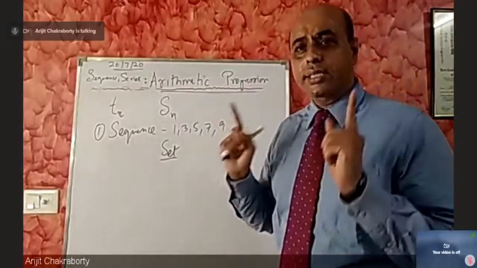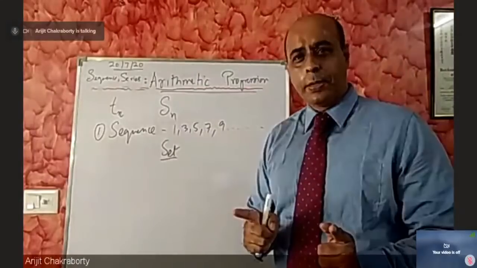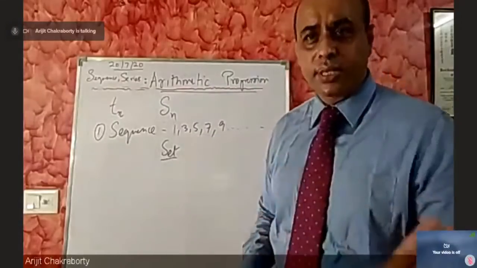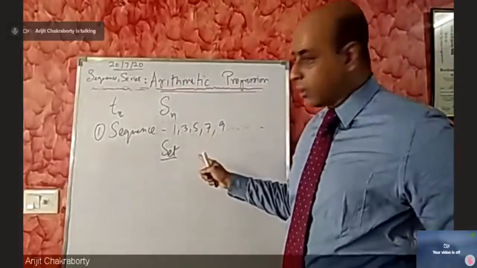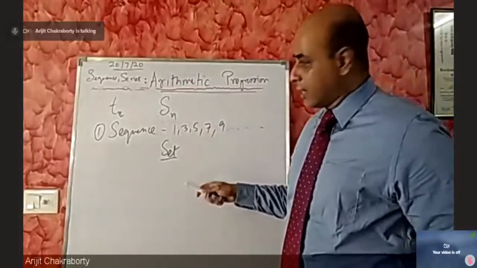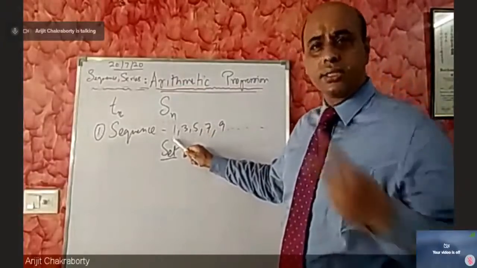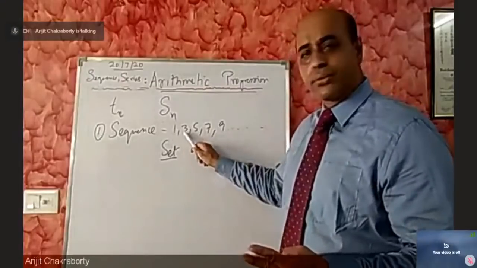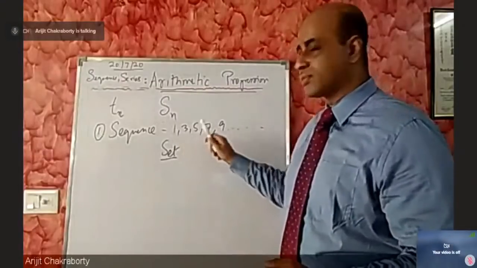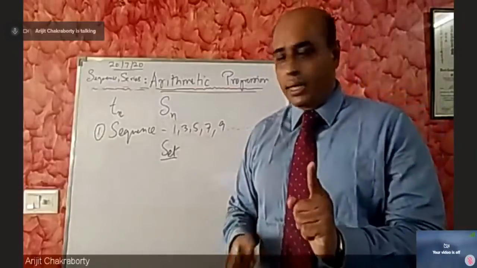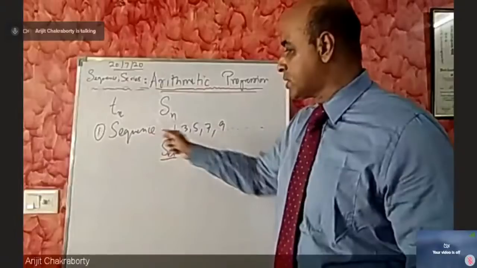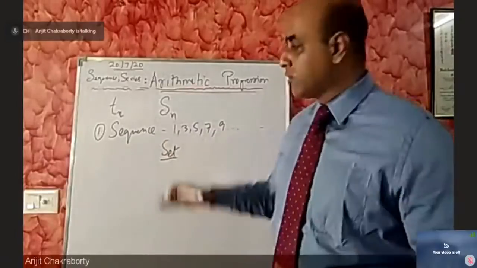It has a specific order. The numbers are not haphazard. And what is the order? 3 minus 1 is 2, 5 minus 3 is 2, 7 minus 5 is 2. So it obeys a particular order. A sequence is a set of numbers which have a particular order.